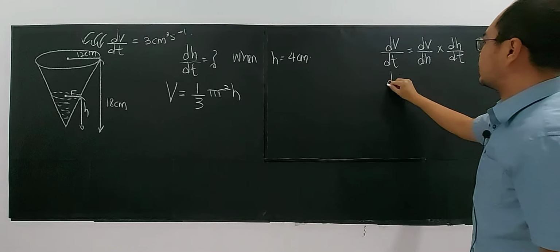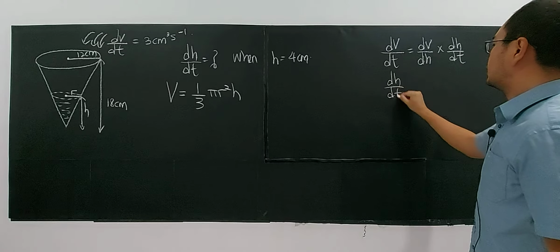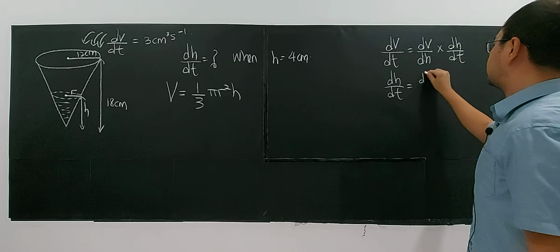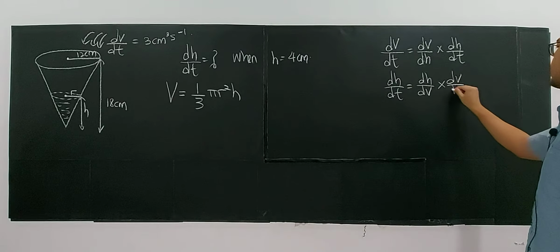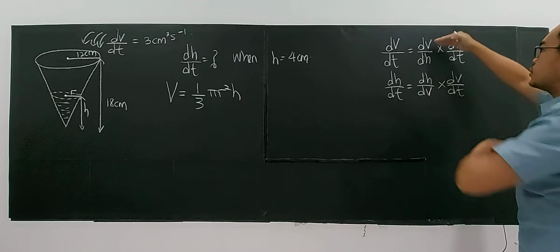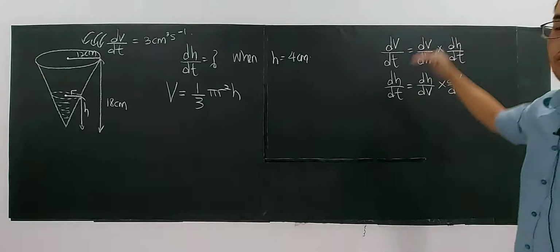Or I can say that dH/dt is the same as dH/dV multiplied with dV/dt. These two are the chain rule, and either one is okay.